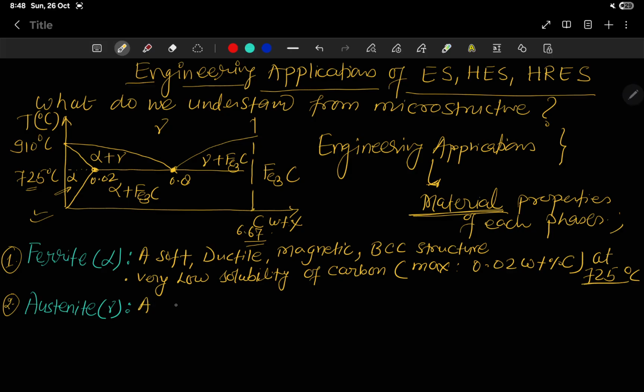Austenite is softer and more ductile than alpha ferrite, and it is non-magnetic and has an FCC structure.